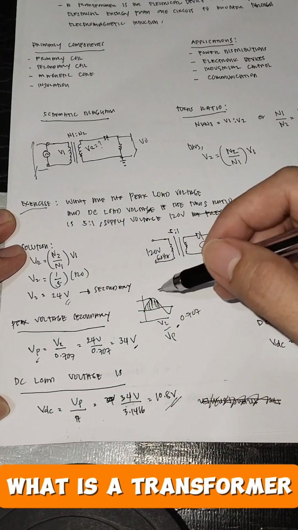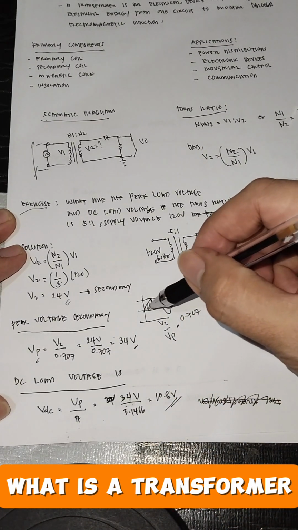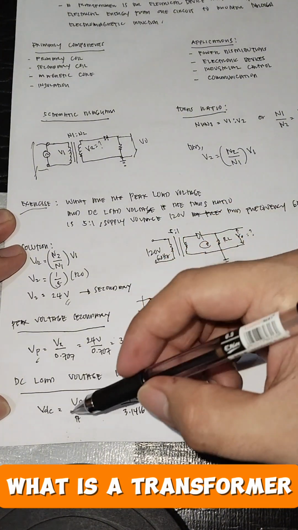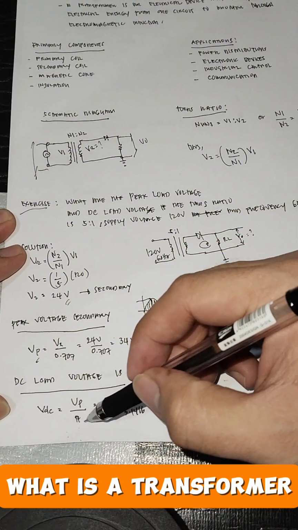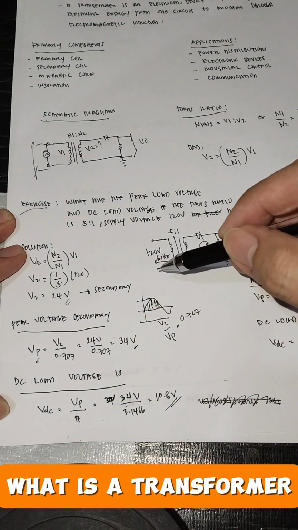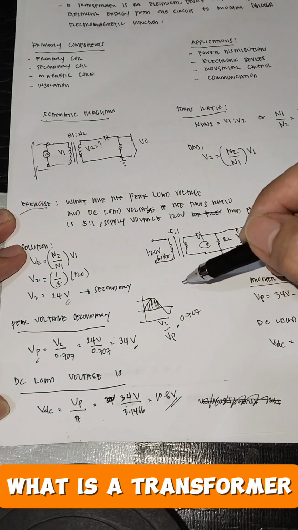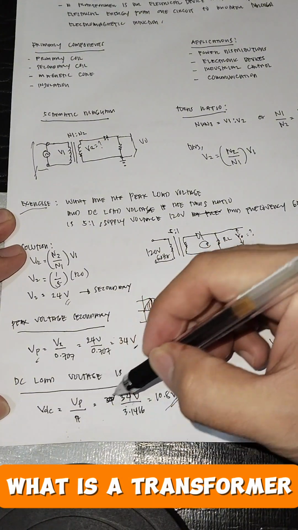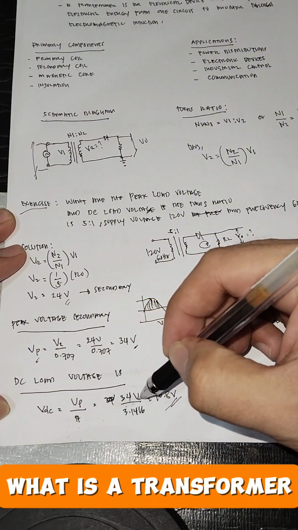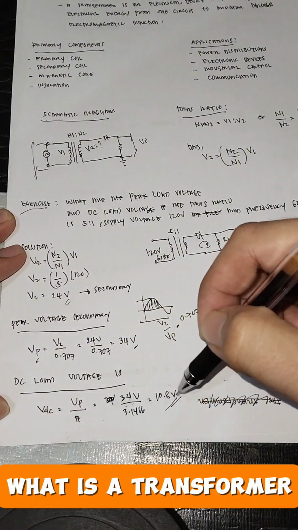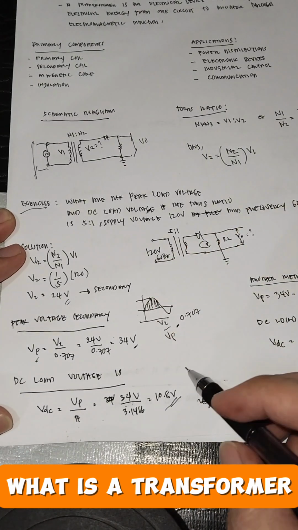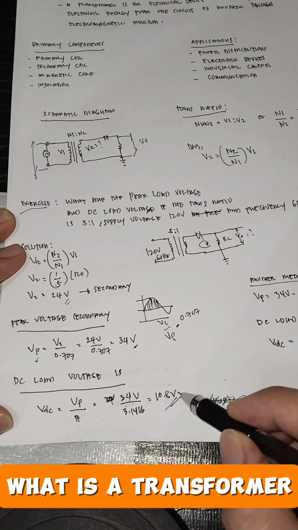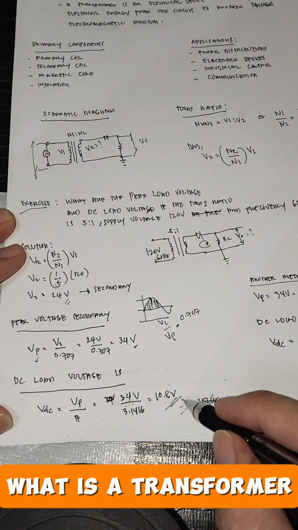Since we are only dealing with half of the signal, that's why we have pi, the half revolution of the signal. So VDC is equal to 34 volts over 3.1416. The DC load voltage is 10.8 volts. Okay, this one.